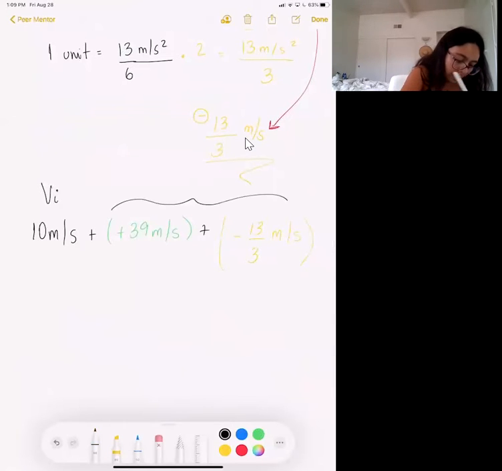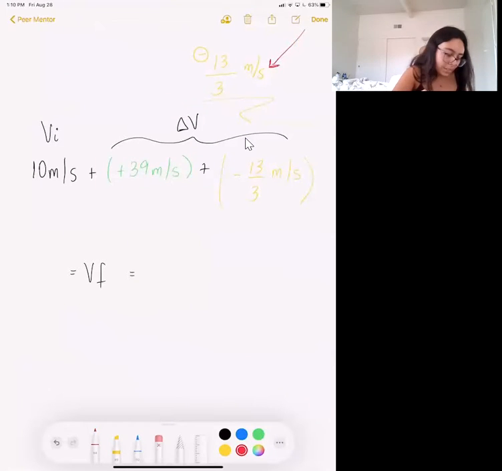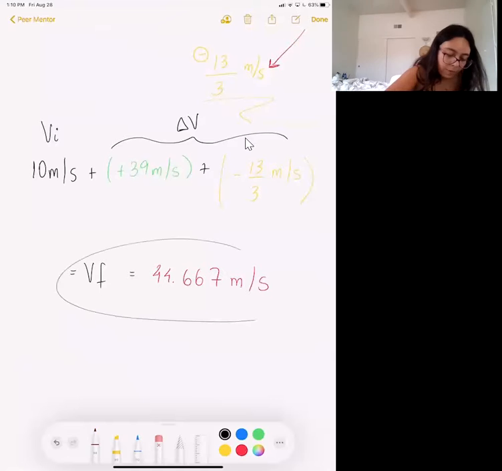All this here is the change in velocity, and this will give us a final velocity. I'm just going to calculate that very quickly. This will give us a velocity of 44.667 meters per second, and that would be our final answer. That will be our velocity at t equals 6 seconds.